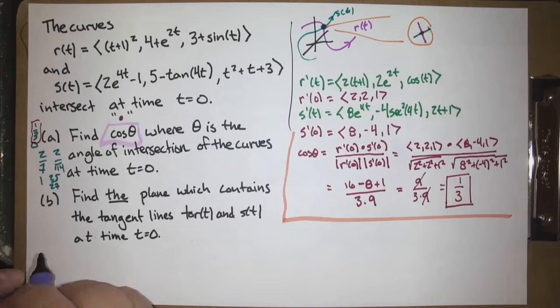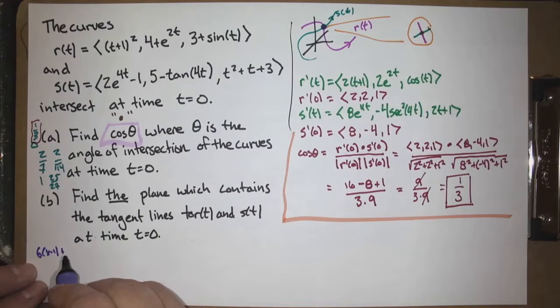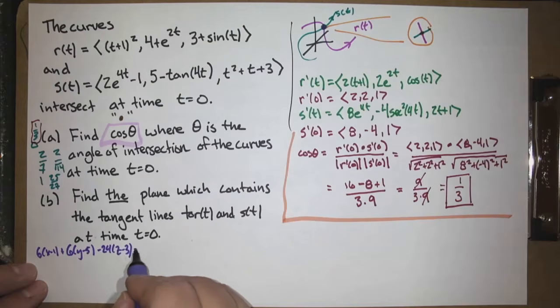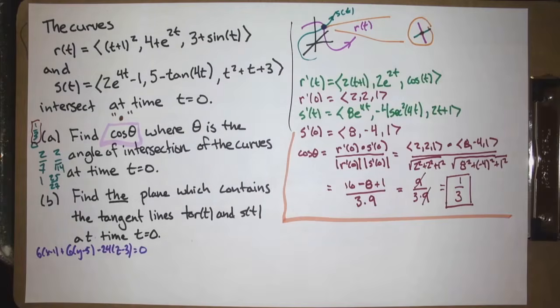6 times (x minus 1) plus 6 times (y minus 5) minus 24 times (z minus 3) equals 0. Interesting choices you've made here. Okay.